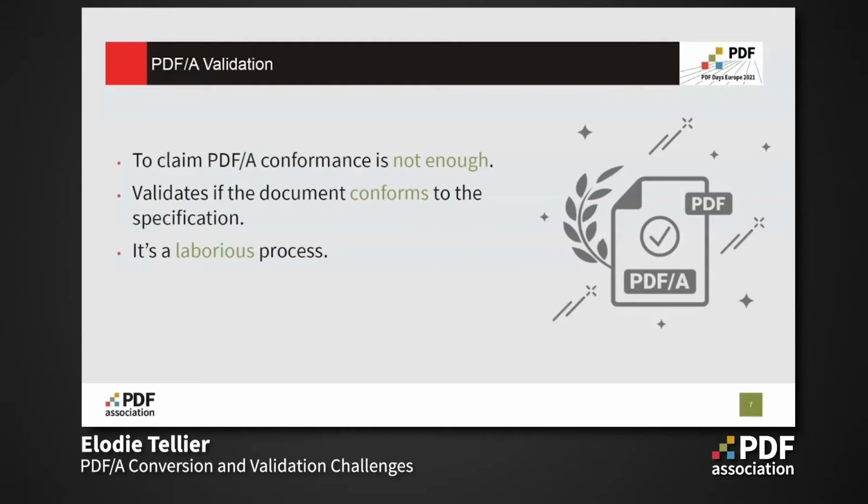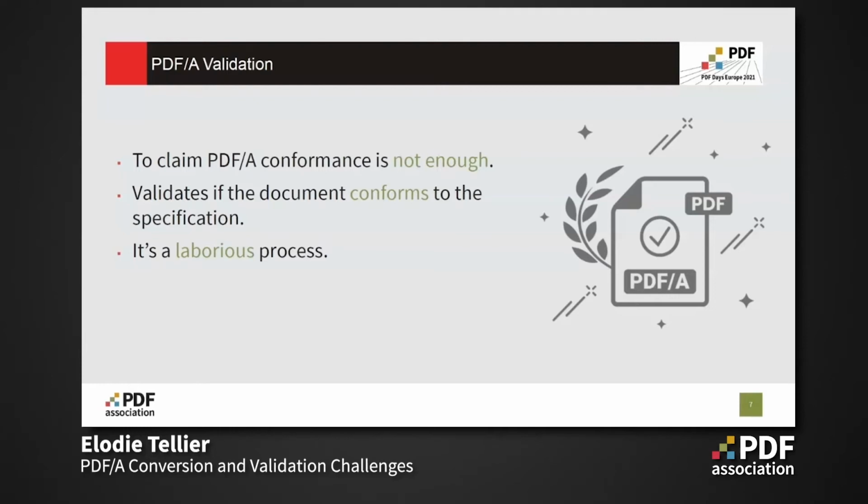A PDF document can contain a claim of PDFA conformance using specific XMP metadata entries. However, to claim the PDFA conformance is simply not enough, because the claim does not ensure conformance, and on the other hand, not having the flag does not mean the document is not well formed to meet PDFA standards.